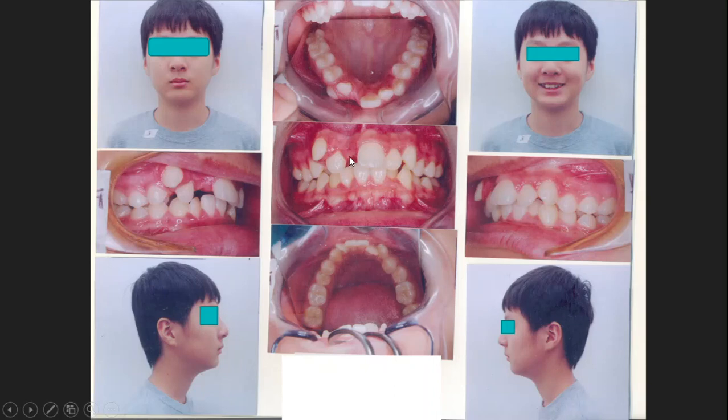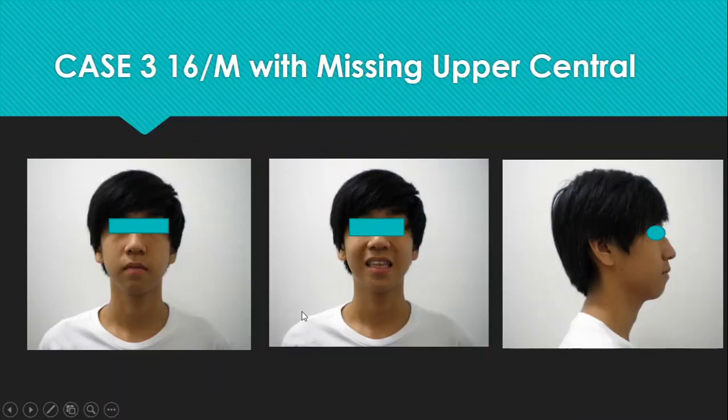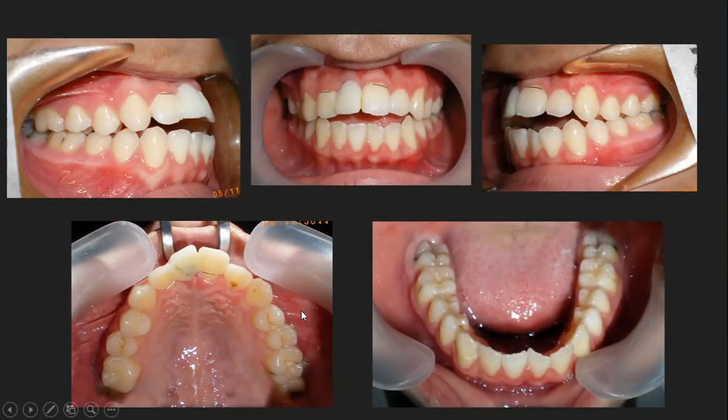So that's the problem, that if you simply move the central over here, you will still be off midline and your canine relationship will still be class 2. And what kind of emergence profile will you have with a lateral incisor taking the place of the central? So in this case, we left the space open for an implant that will be placed on the central incisor later on.